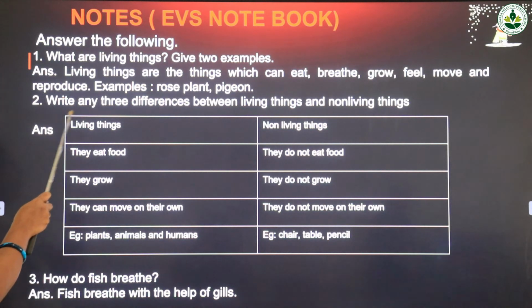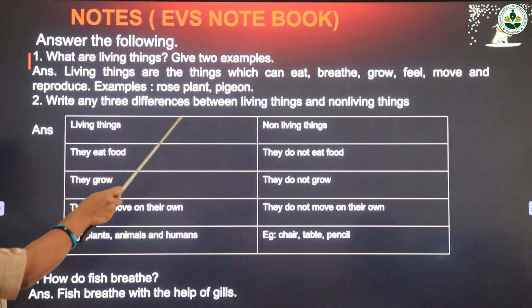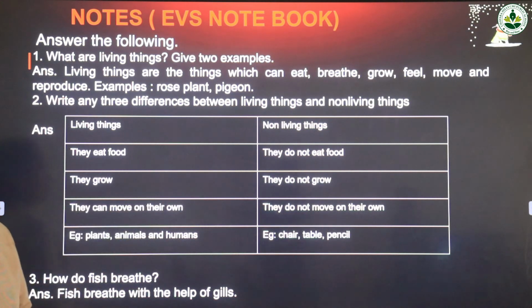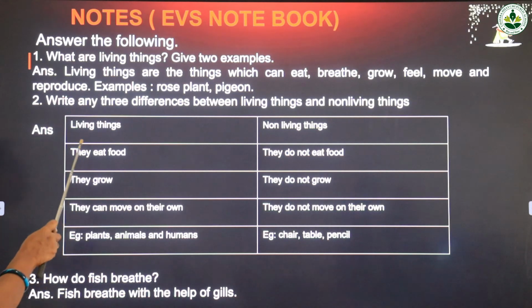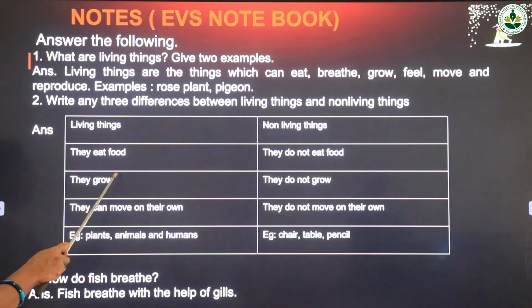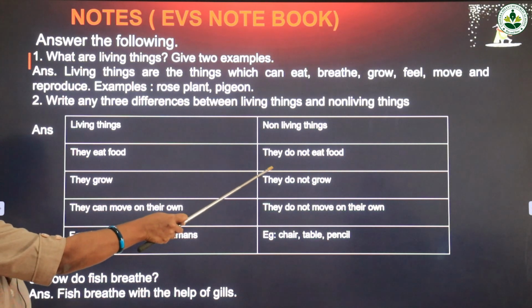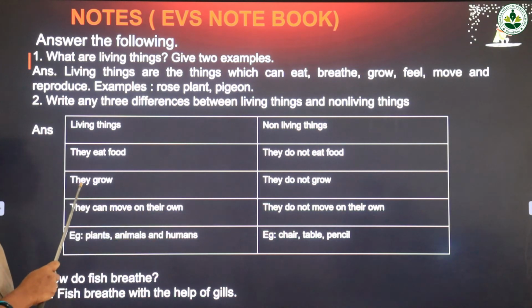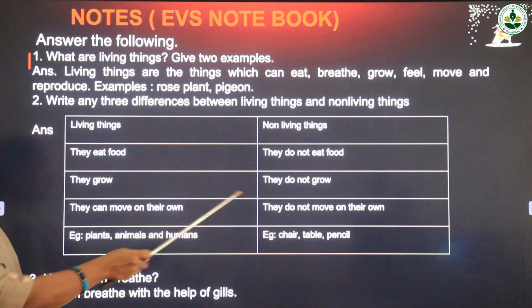Second one, write any 3 differences between living things and non-living things. So you have to write 3 differences between living things and non-living things. First one, living things eat food. What about non-living things? They do not eat food. Second one, living things grow.